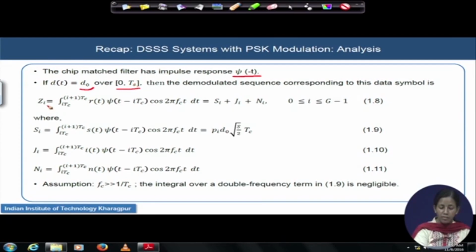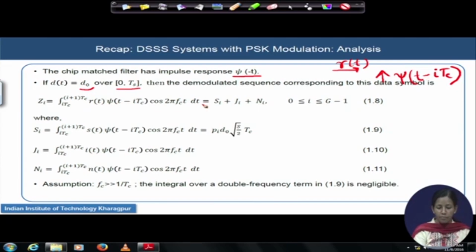Where did we get this Zi? Zi is the input of this adder, and it is also the output of the modulated signal multiplied with the locally generated spreading sequence. Our input was r(t), and psi(t minus iTc) is the locally generated sequence, and these are getting multiplied.